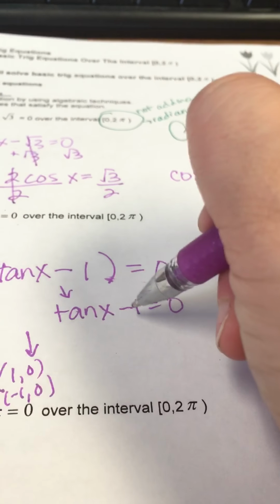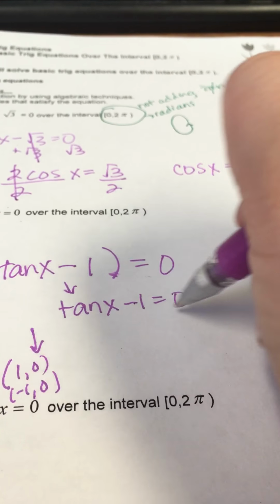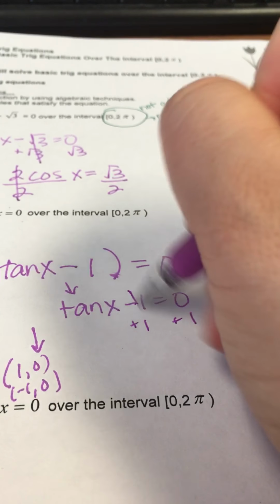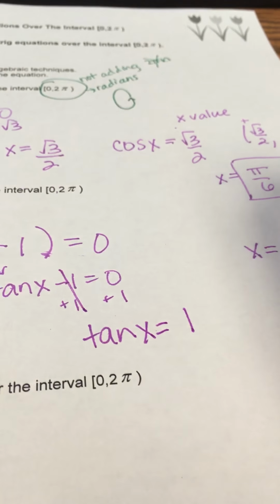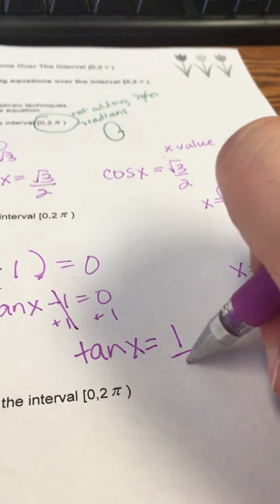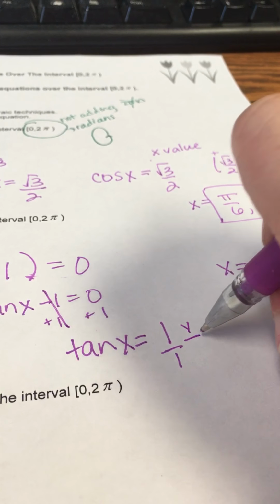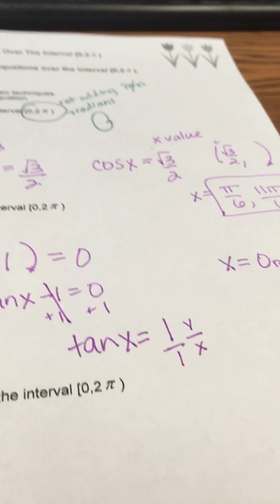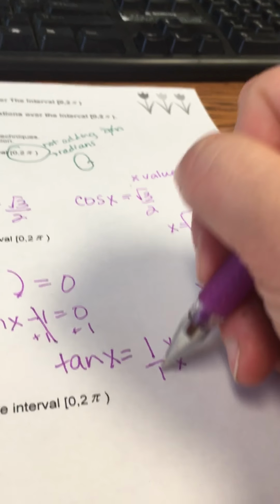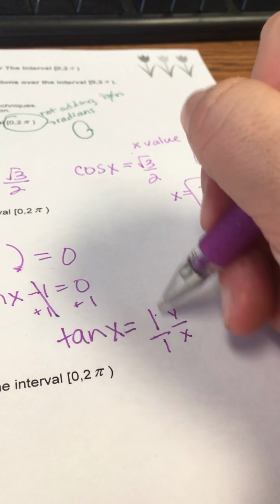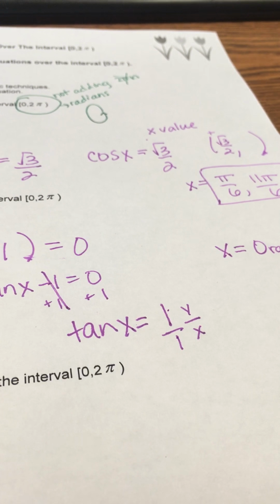Now the other part is tangent of x minus 1 equals 0, add the 1 over. So tan x is equal to 1. Remember, this is 1 over 1 is y over x. Now, I know on the unit circle we don't have anything where it's 1 over 1. But you're looking for the same thing, so you're looking for a positive answer here for the fraction.